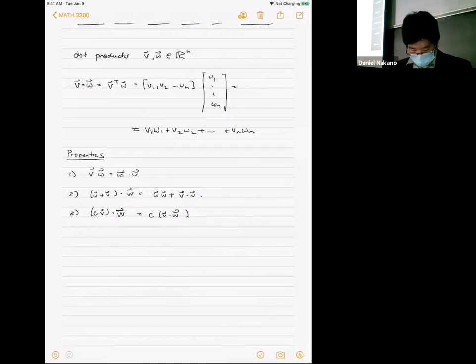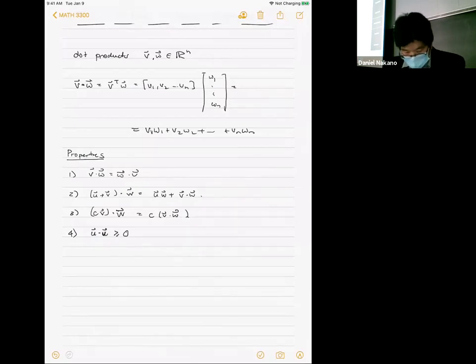And finally, an important property is that the dot product of a vector U with itself is always greater than or equal to 0. When I look at the formula, if V and W are both U, I get U1 squared plus U2 squared plus up to Un squared.